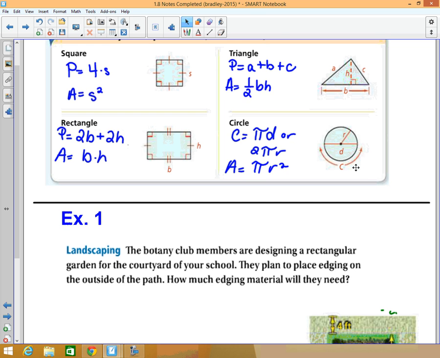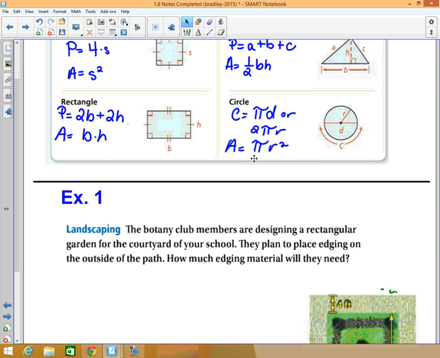For the circle, notice the diameter goes all the way side to side through the center, and the radius only goes from the center to the side. So the radius is actually equal to half of the diameter. So for circumference, which is the distance around, we're either going to use pi times diameter, or 2 times pi times the radius.